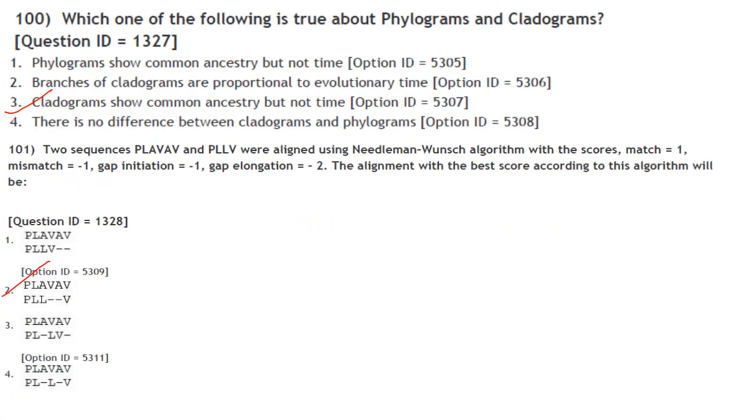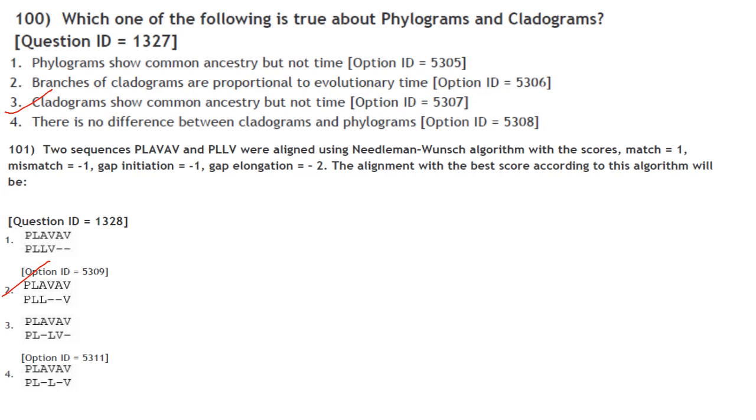Then next one. Which one of the following is true about phylograms and cladograms? So a phylogram is a branching diagram that is assumed to be an estimate of phylogeny. The branch lengths are proportional to the amount of inferred evolutionary change. A cladogram is also a branching diagram and assumed to be an estimate of phylogeny, where branches are of equal length.